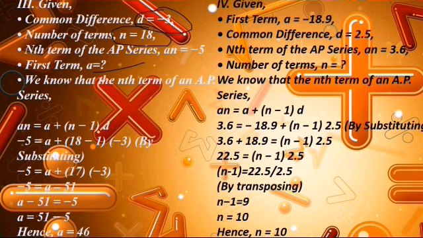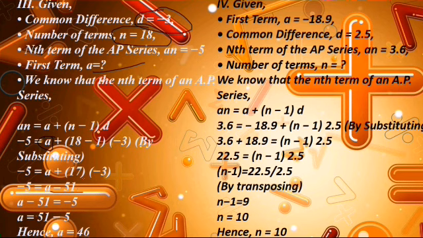By substitution we get minus 5 is equal to a plus 17 into minus 3, that is, minus 5 is equal to a minus 51.